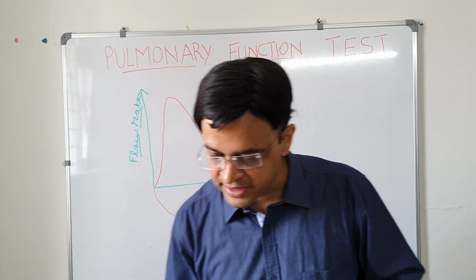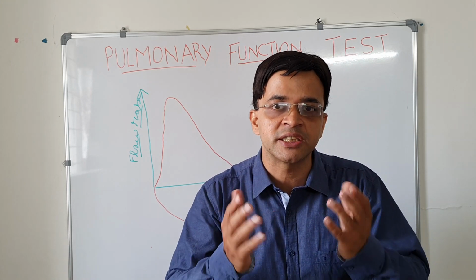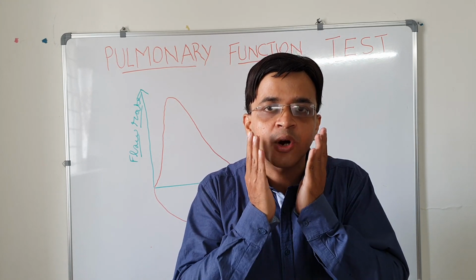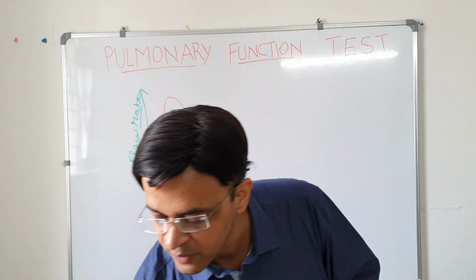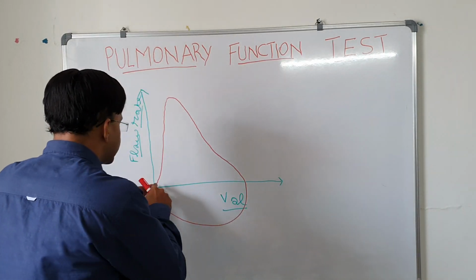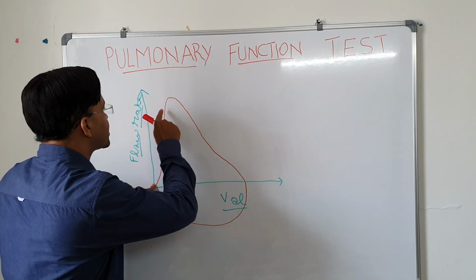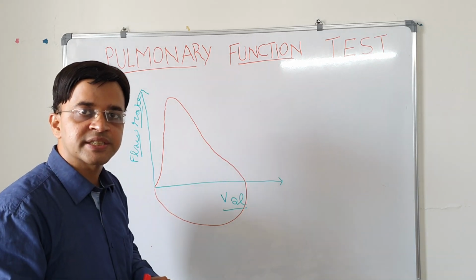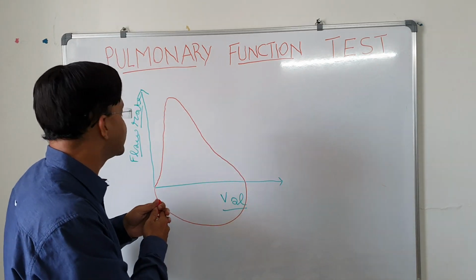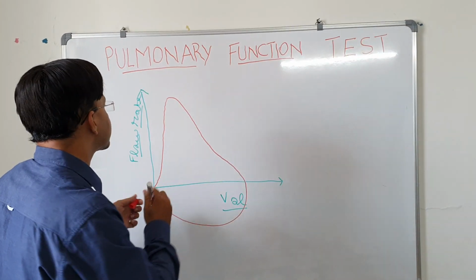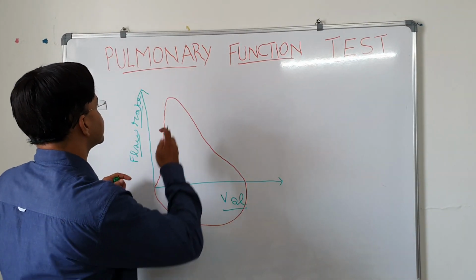When you are blowing the air, the initial air is coming from your mouth, your pharynx, from the larger airways. So basically what this flow rate represents is air from the larger airways, right? That initial force, that initial peak. And in this, the PEFR, peak expiratory flow rate, is represented by this point.